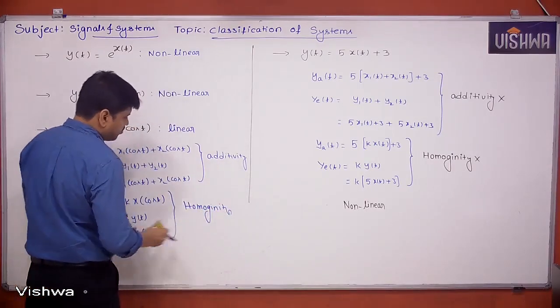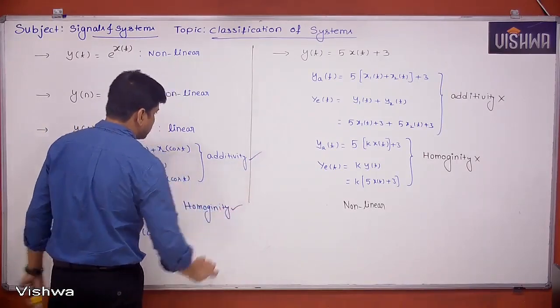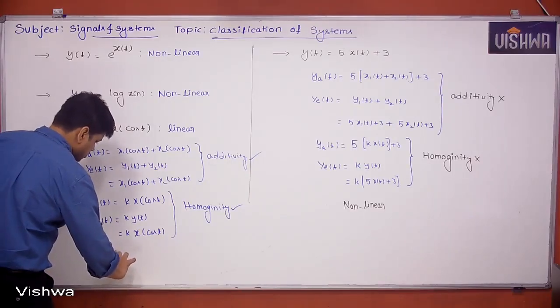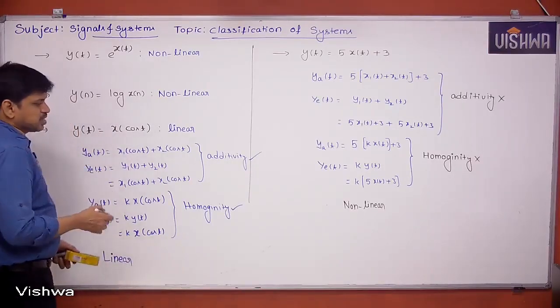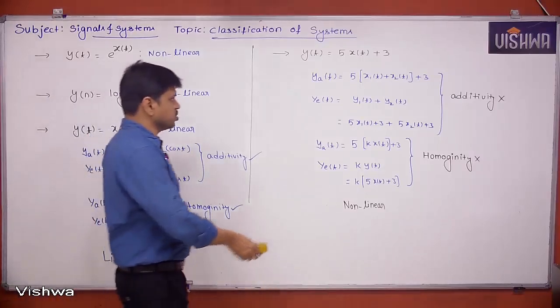So I can say it satisfies additivity as well as homogeneity. The system is linear. Take it simultaneously. Okay, you have to take running notes, because it won't take much time and you already know these things.